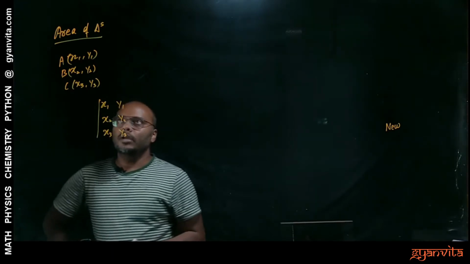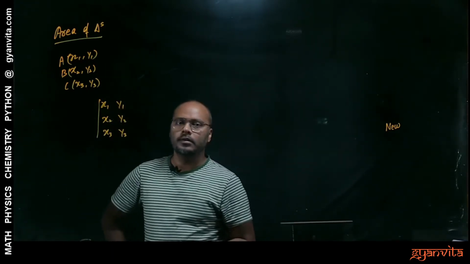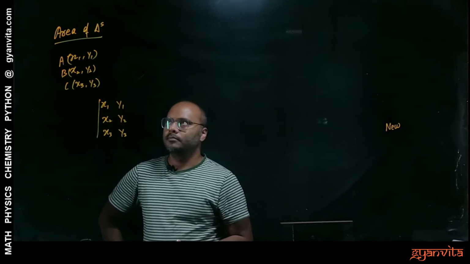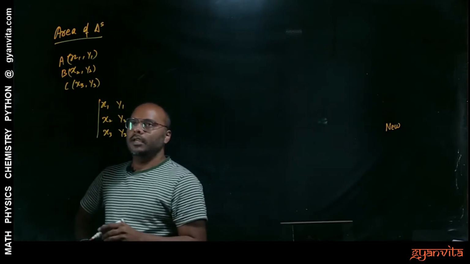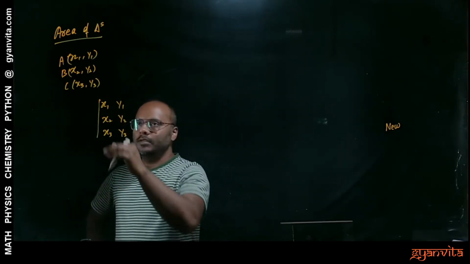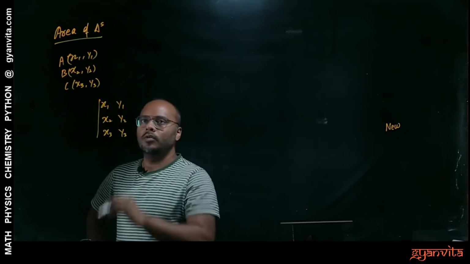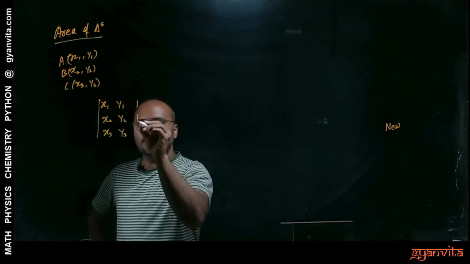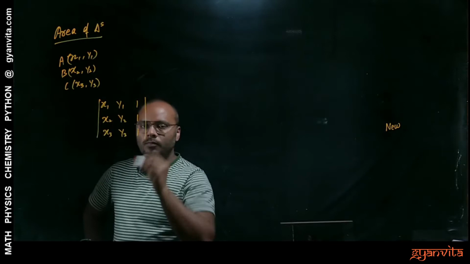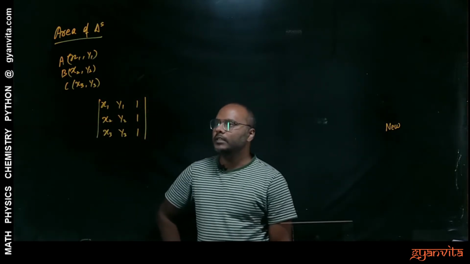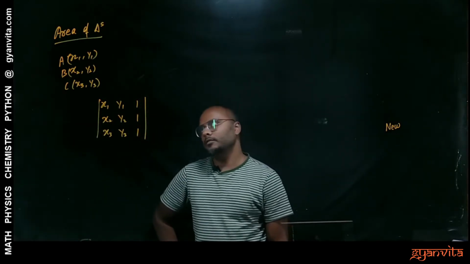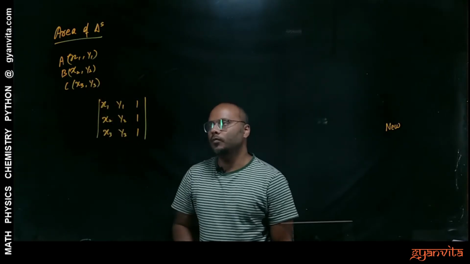Right? Now you can find a determinant only for a square matrix, right? So there has to be a square matrix. It has 3 rows but only 2 columns. In the third column you just add 1, 1 and 1. So this is nothing but a determinant using these 3 vertices.